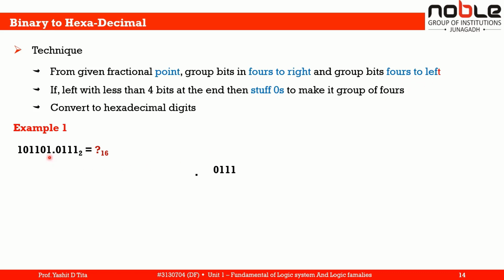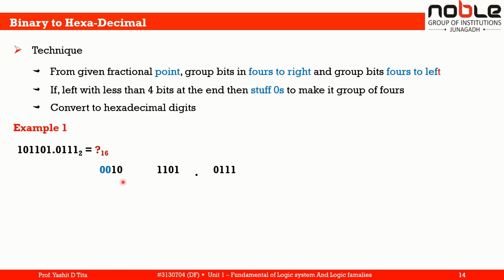It means 1, 0, 1, 1. It is another group. Take this. Now it remains with 1 and 0. If left with fewer than 4 bits at the end, then stuff zeros to make it a group of 4, so that it becomes 0 0 1 0.